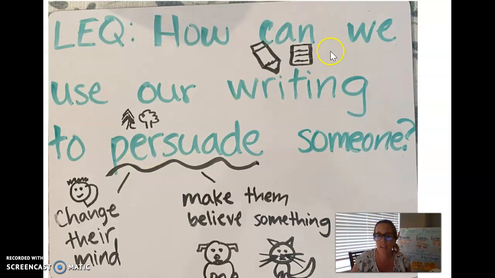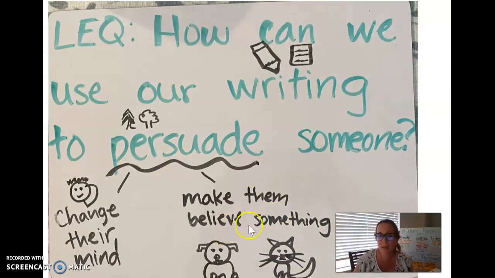So here's what I did on here. Our word writing, I included our pencil and our writing paper because remember, we're not just talking about this or drawing pictures. I need to see some writing. And then for persuade, I drew our trees so we would think of the Lorax. And then over here I said, change their mind, and drew a picture of somebody thinking like, maybe you are gonna change my mind.